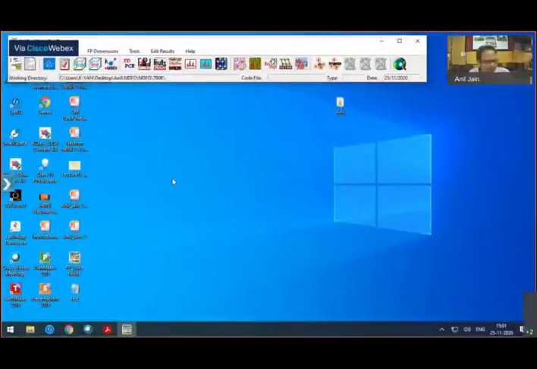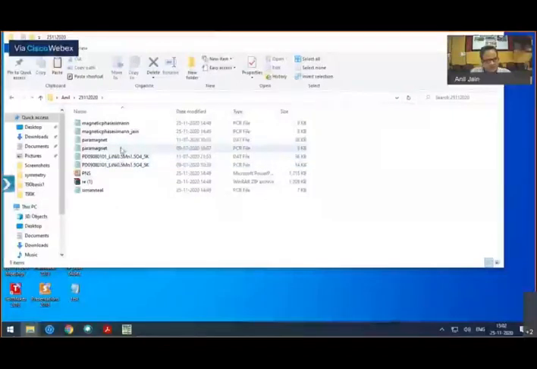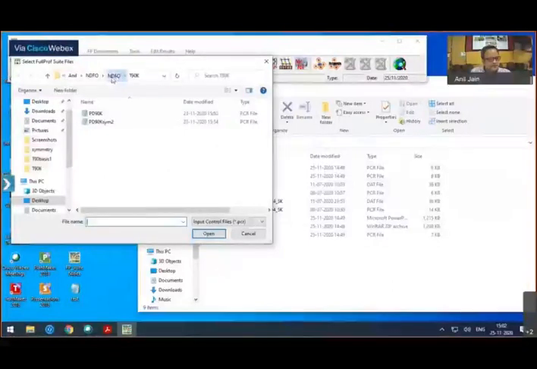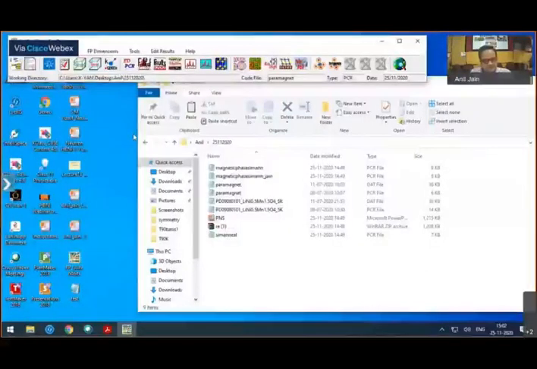When I run this simulated annealing part, I will try to remove all the restrictions from the symmetry side. So let me start with the same example. This is the paramagnetic phase of the sample LiNi0.5Mn1.5O4.